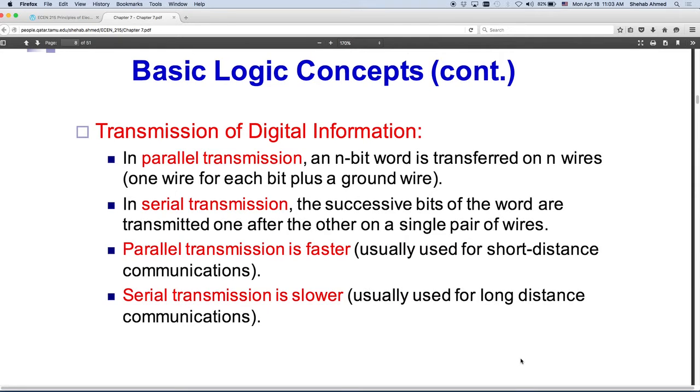There's a limit. You have to decide: how do I transfer my data? If I transfer my data all in parallel, then I need 16 of these pins to transfer, for example, 2 bytes. How about everything else I want to do? I cannot. So typically processors will have, for example, a few pins that are used for serial data transmission.